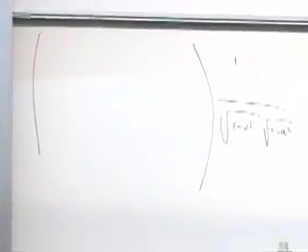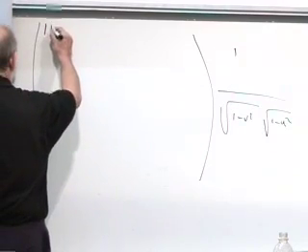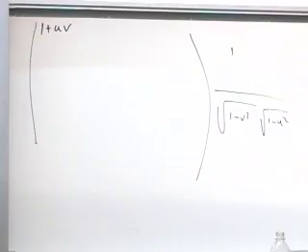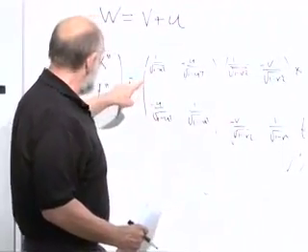Let's see. We have this times this minus this times this. That's going to be 1 plus uv, I think, in the corner over here. 1 plus uv, if I'm not mistaken. Does that look right? 1 times 1 plus u times v. Yeah. What about the next corner over here?